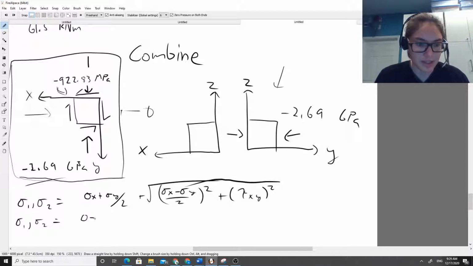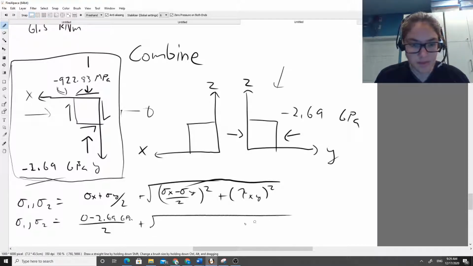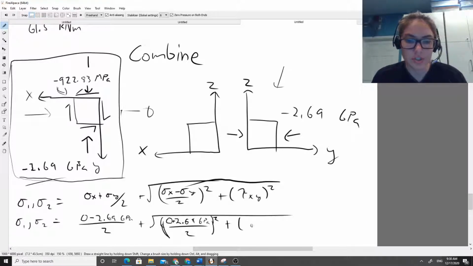So I'm just going to actually say minus 2.69 gigapascals divided by 2 plus 0 minus a negative number is going to be 0 plus 2.69 gigapascals divided by 2 squared plus tau xy, which is just negative 922.83 megapascals squared. Okay.